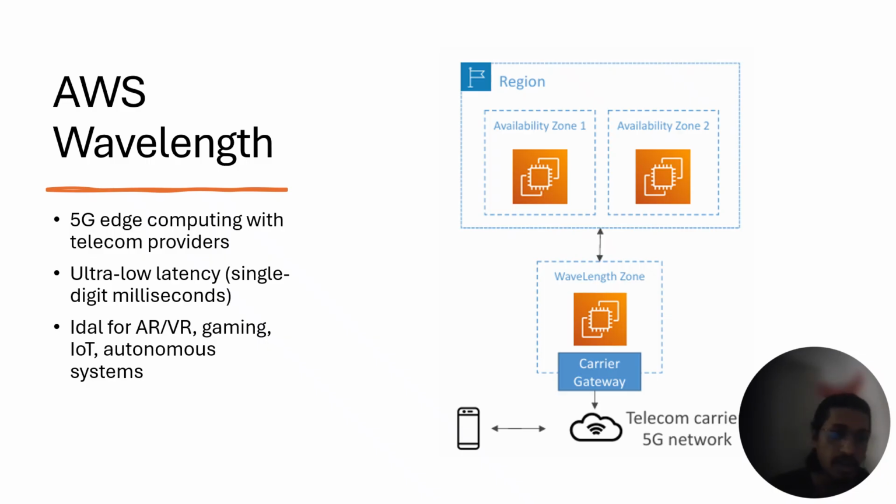These are the use cases where AWS Wavelength is used, and Wavelength Zones are available through major telecom carriers worldwide. Mostly used for telecom carrier 5G networks.